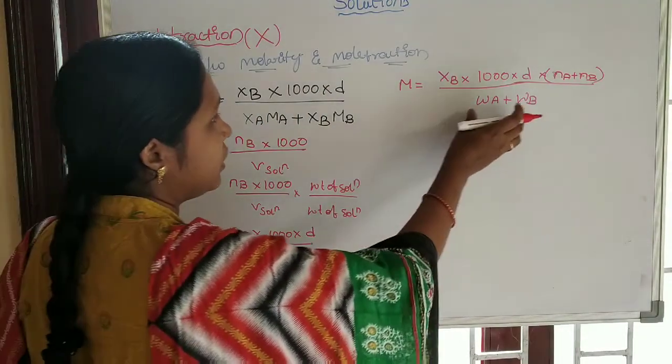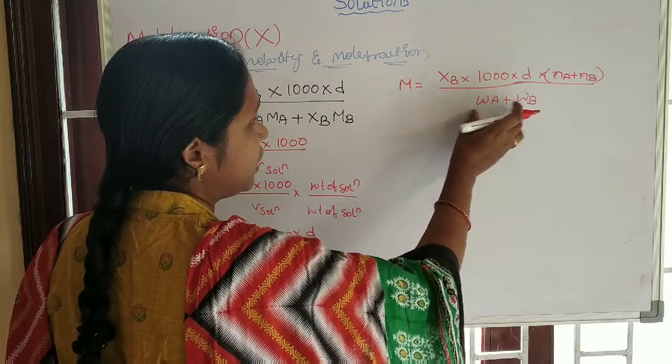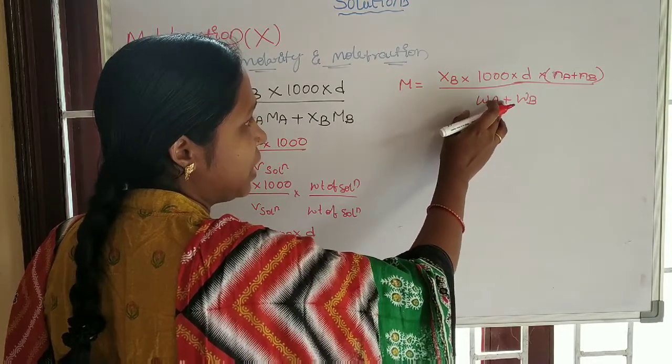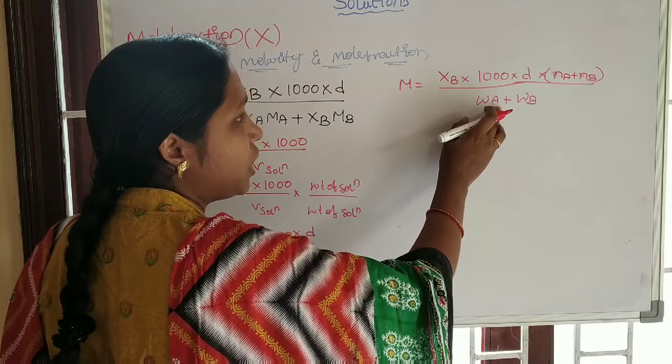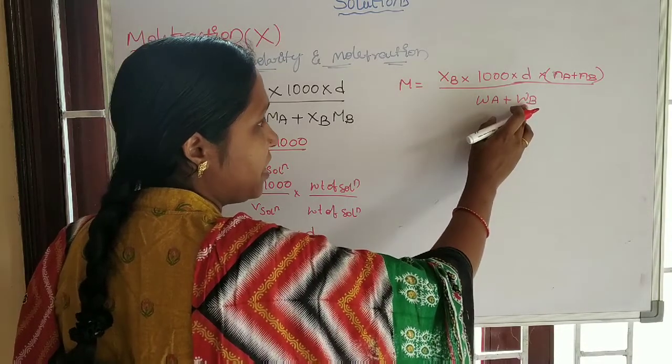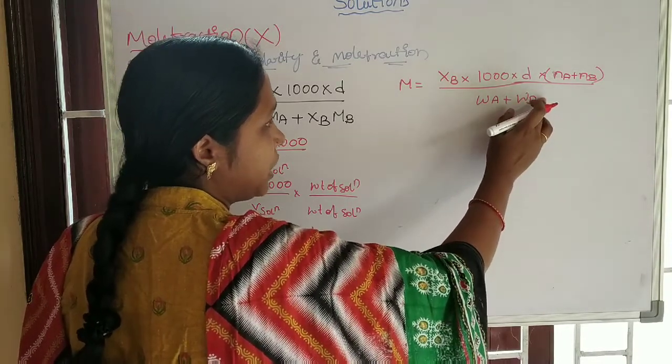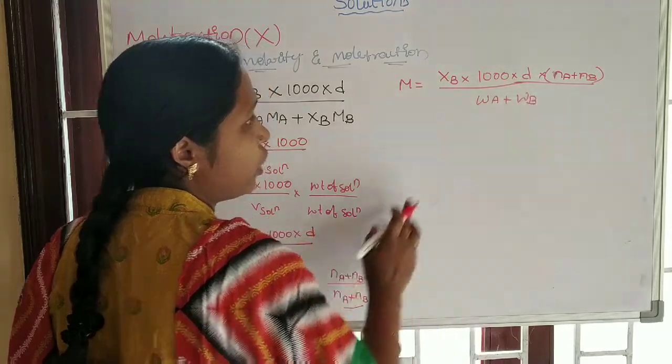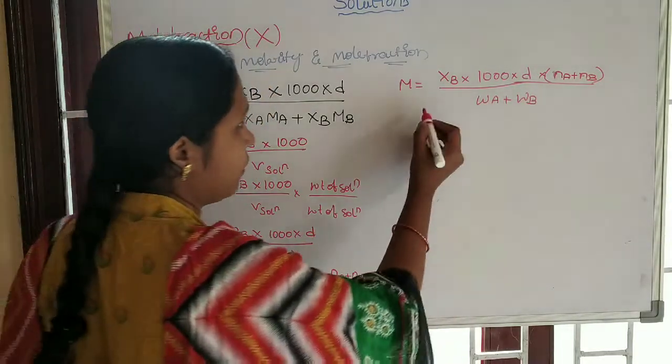divided by WA plus WB. Here in the denominator, the weight of the solvent is multiplied and divided by the molecular weight of the solvent, and the weight of the solute is multiplied and divided by the molecular weight of the solute.